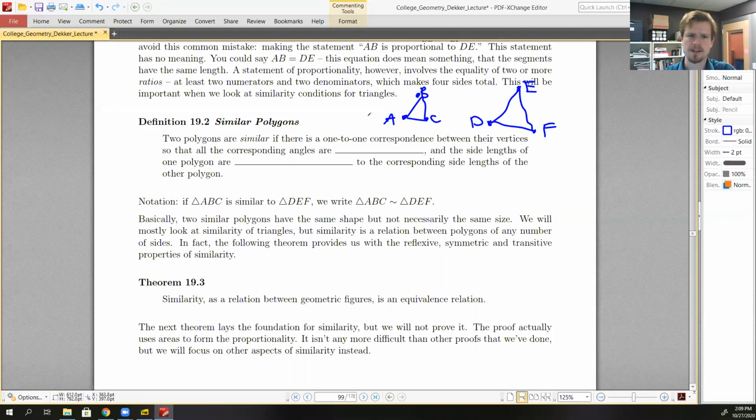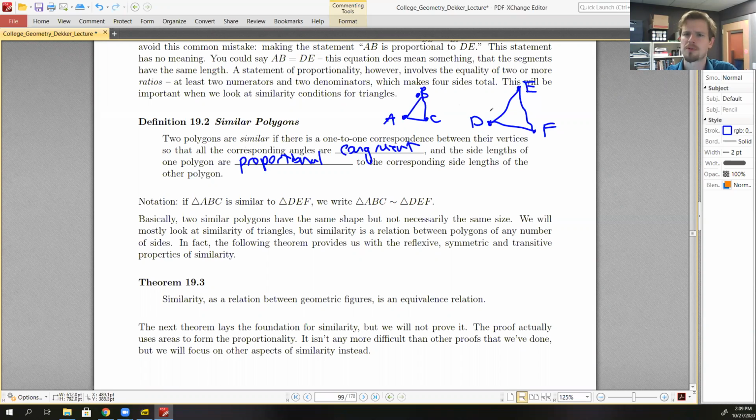Okay, one-to-one correspondence. So that the corresponding angles, angle A and angle D, are congruent, and all the side lengths of one polygon are proportional to the corresponding side lengths of the other polygon.